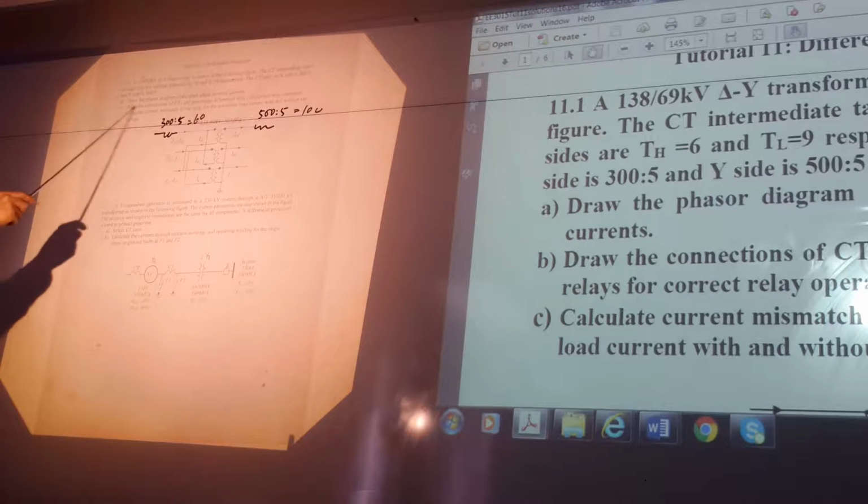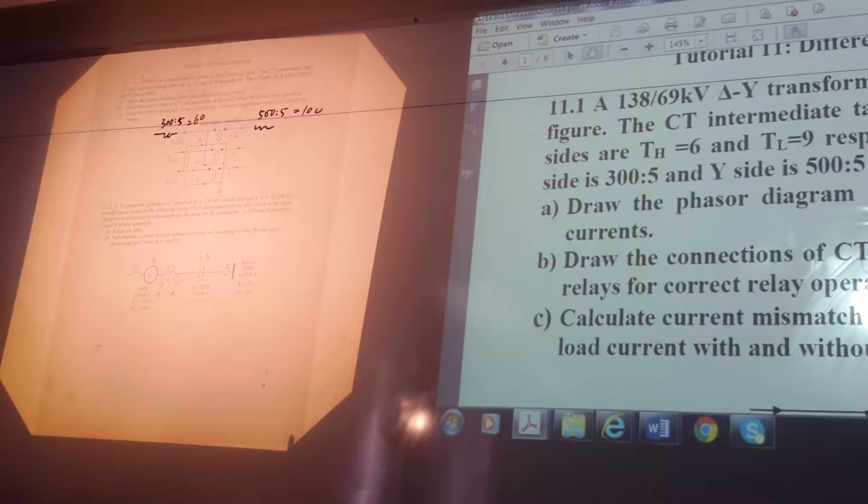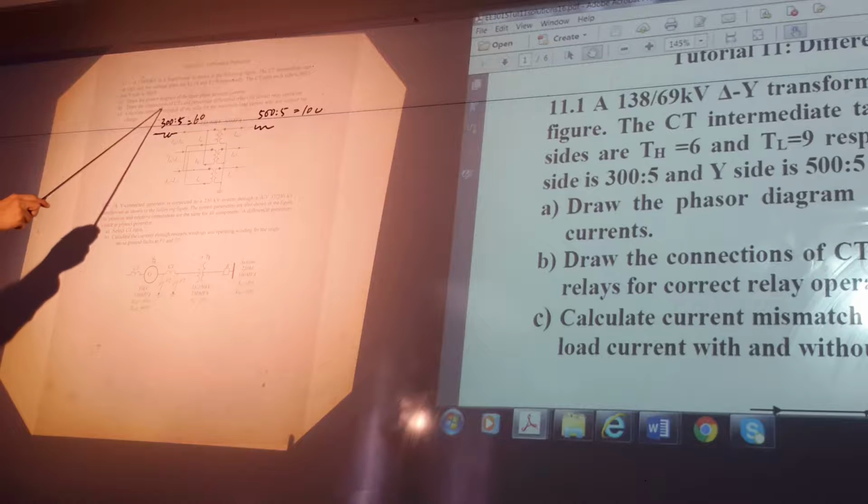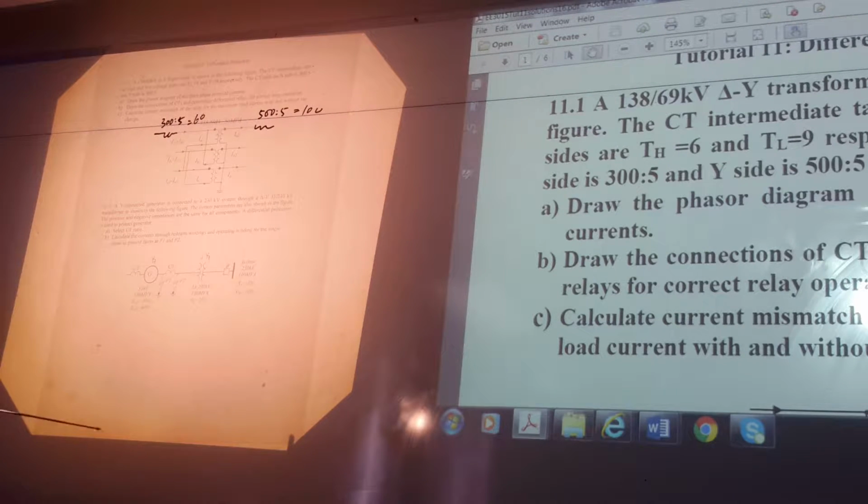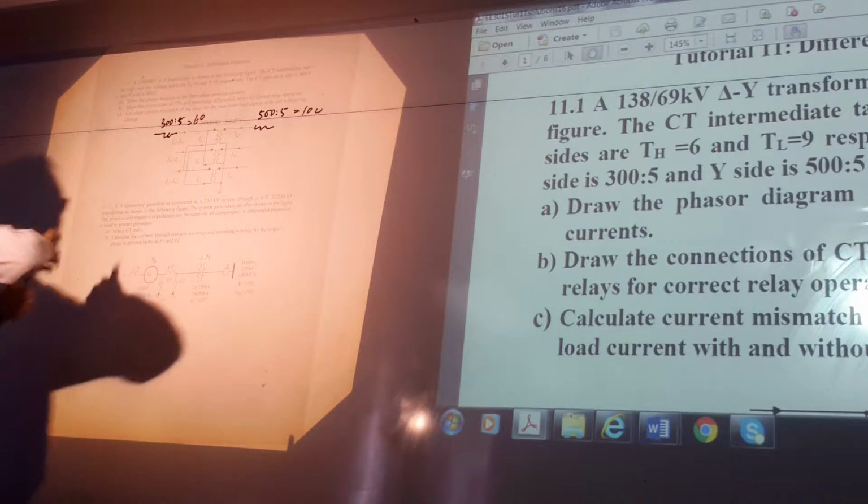So for the first part, we ask you to draw the circuit diagram. For that part, we will consult the lecture notes that he already taught you. And the connection is very simple. Whenever you see delta, just put Y. Whenever you see Y, just put the CT delta, so that the two will get more or less the same current that comes through the control circuit.